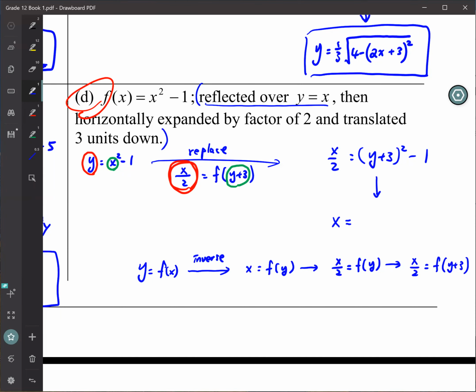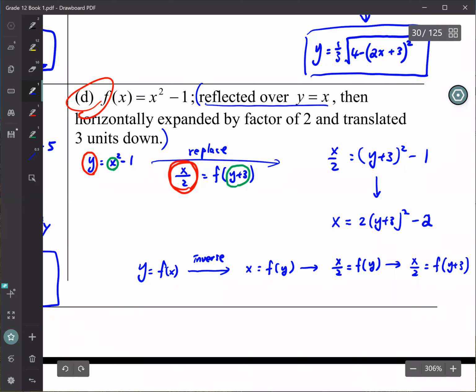Yep. So what's the final answer, Kelly? Kelly, are you there? X equals 2 bracket y plus 3 squared minus 1. Why is it minus 1? Oh, sorry, minus 2.